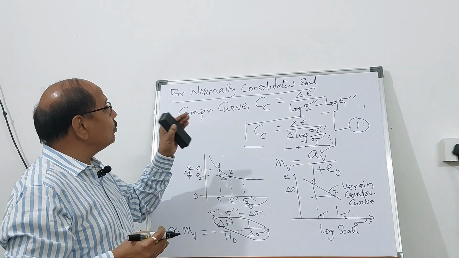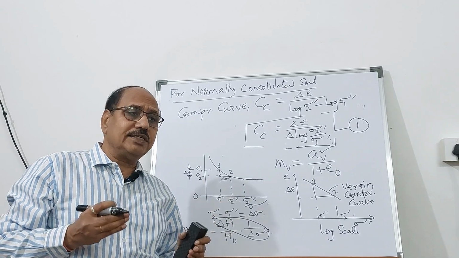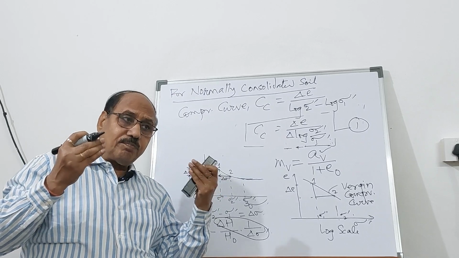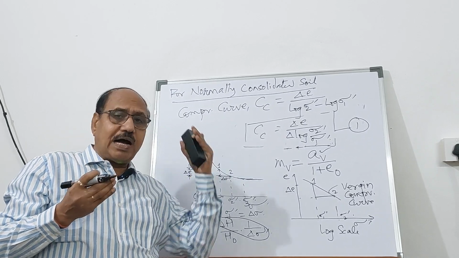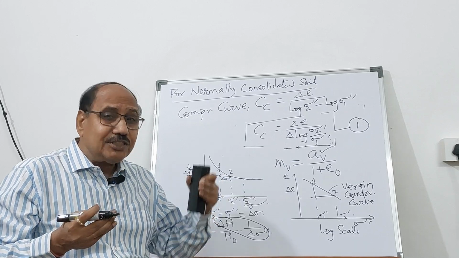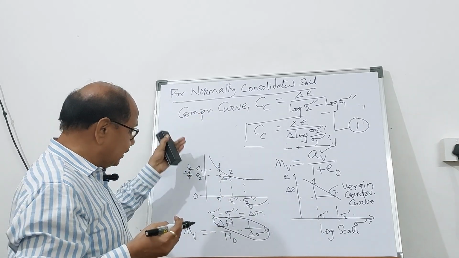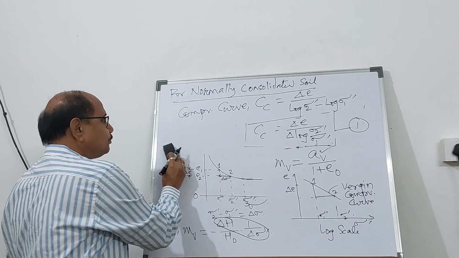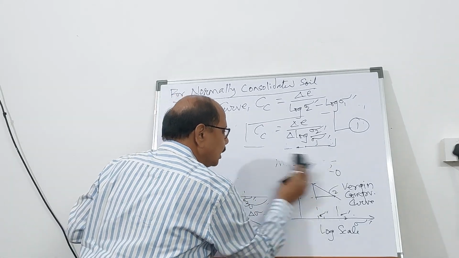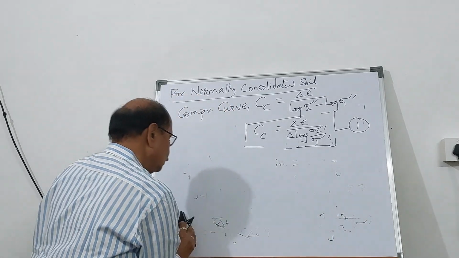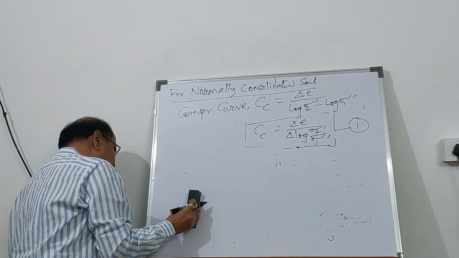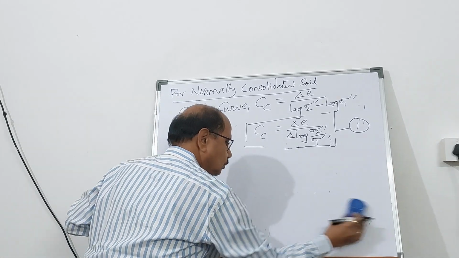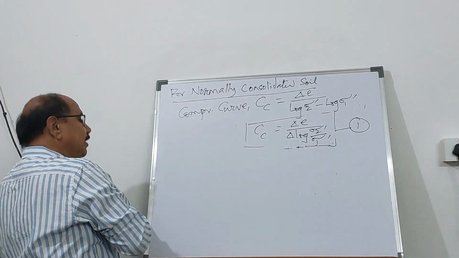But over-consolidated soil, or pre-consolidated soil, has been subjected to a higher amount of pressure in the past, but the present pressure is lower than that pressure, then the behavior will not be like this. So we have normally consolidated soil.